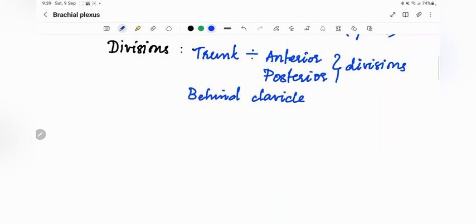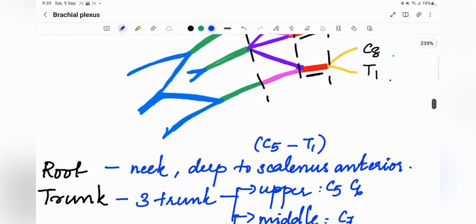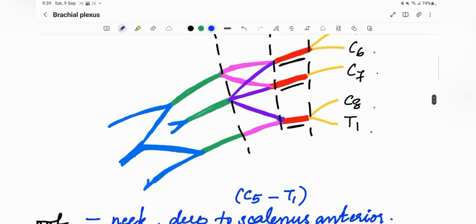Next, these divisions join to form the cords of the brachial plexus. So let's see how the cords are formed. As you can see here, we have three cords: the lateral cord, the medial cord, and then the posterior cord.